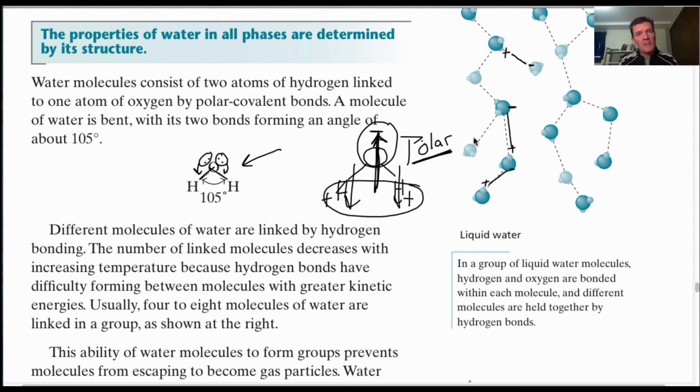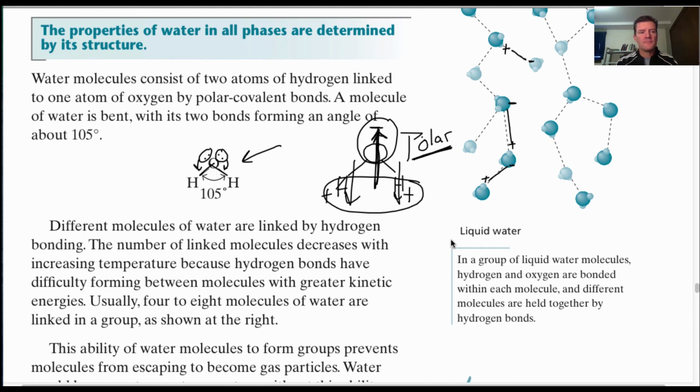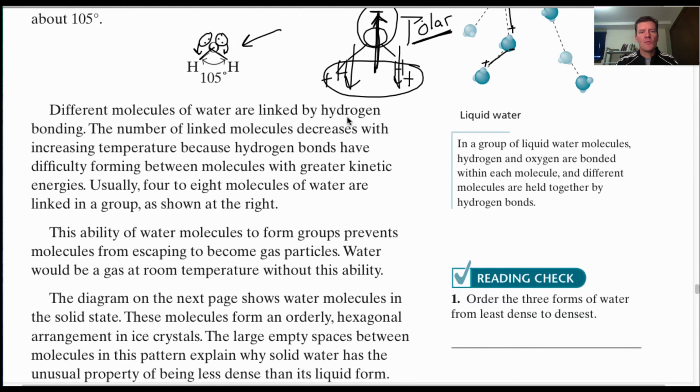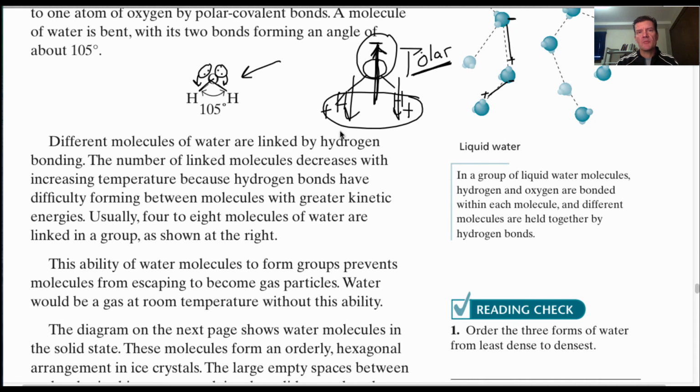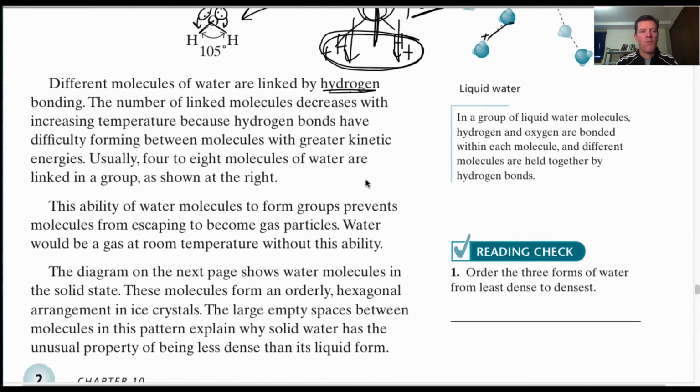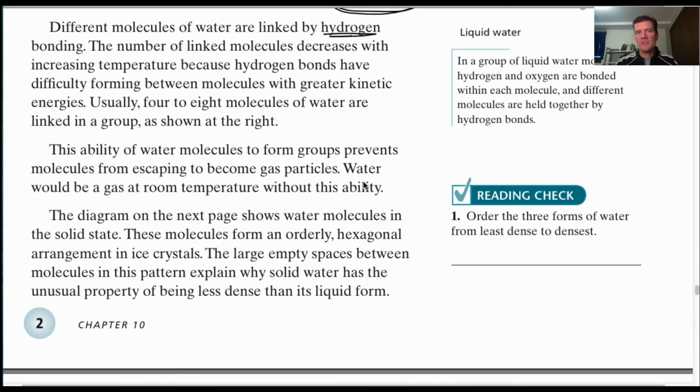And it's a fairly strong intermolecular force, as intermolecular forces go. So water has a pretty strong connection to each other. Okay? We call this type of intermolecular force hydrogen bonding because it involves hydrogen. Okay? And it's one of the stronger intermolecular forces.